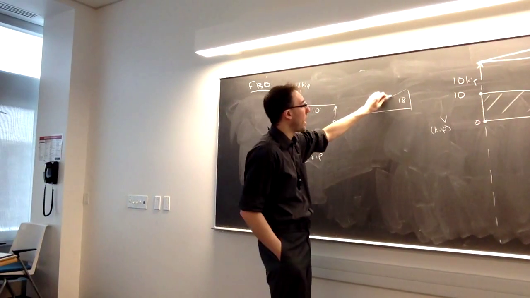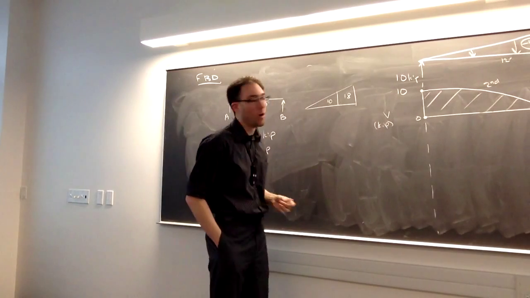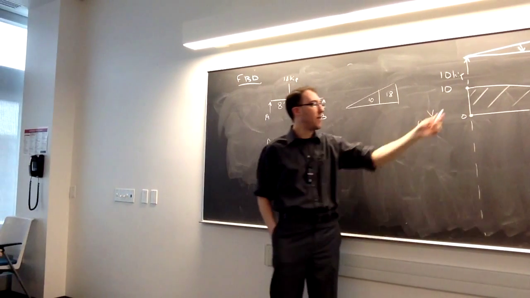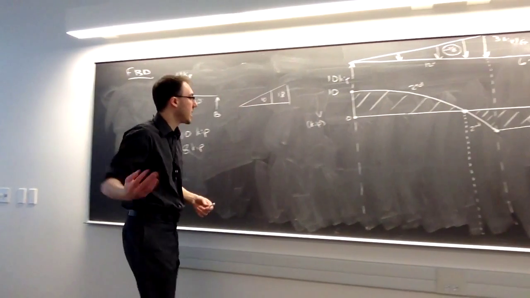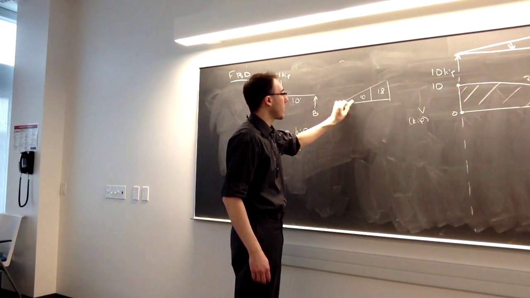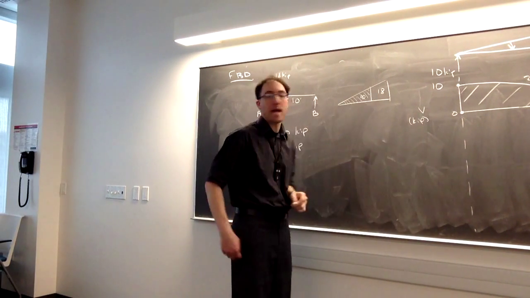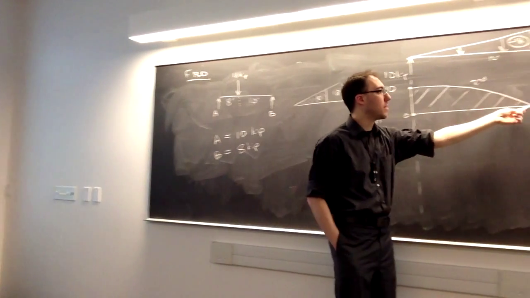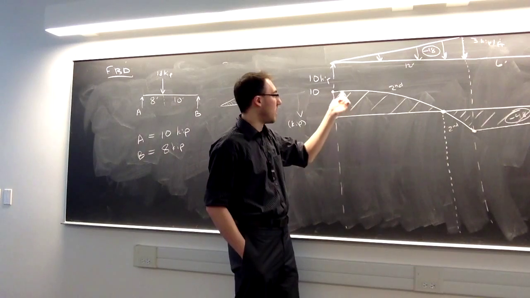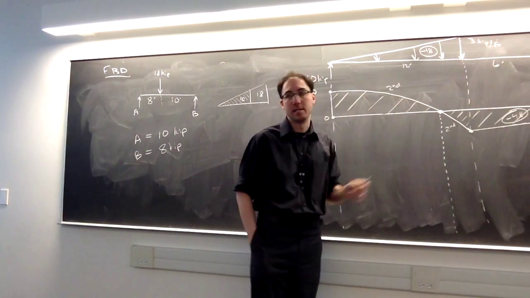So we need to know where the area of the triangle is only 10, and that'll tell us how far it took to go from 10 down to 0. It's basically the same as that integration argument. We need to integrate the triangle until the area is equal to 10, or -10 in this case, because at that point, our V diagram would have lost 10, which meant that it went to 0.